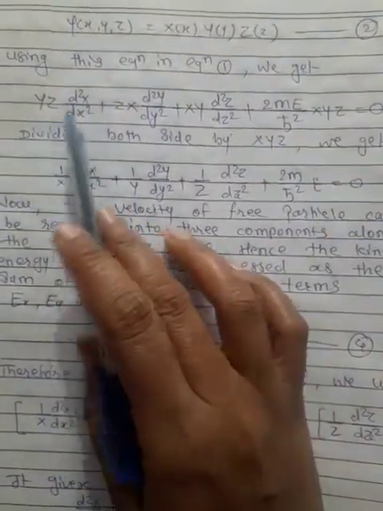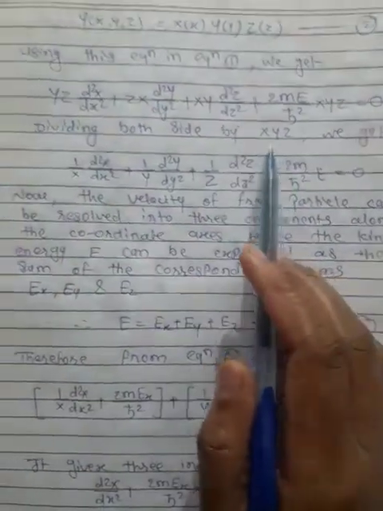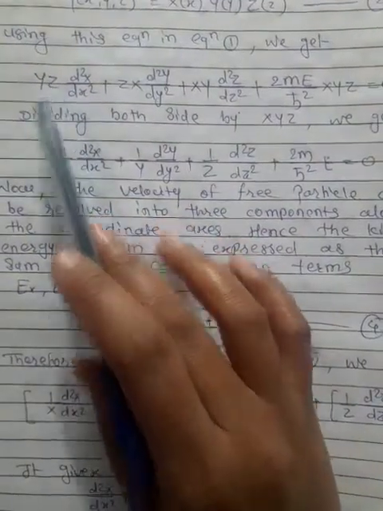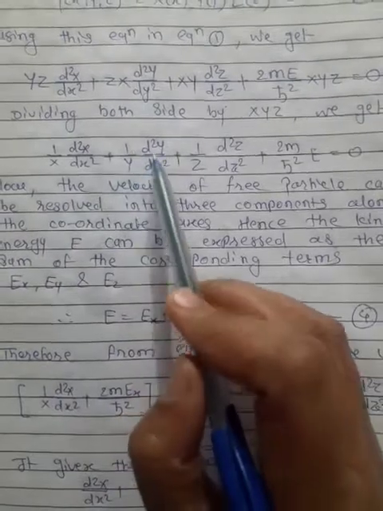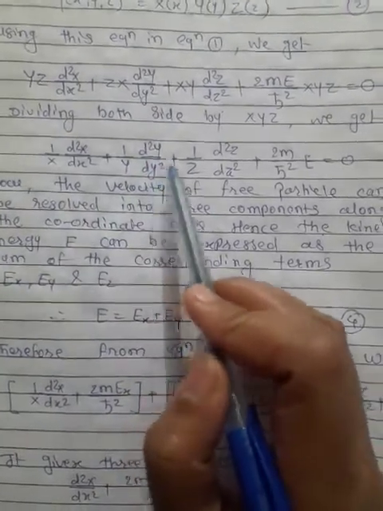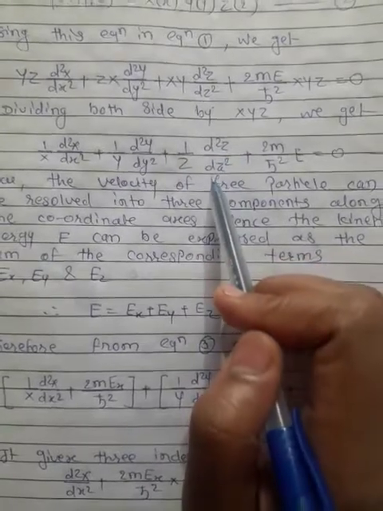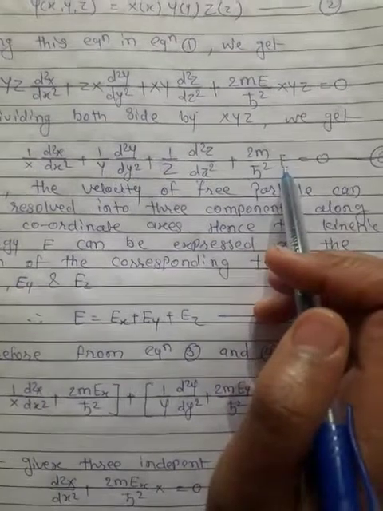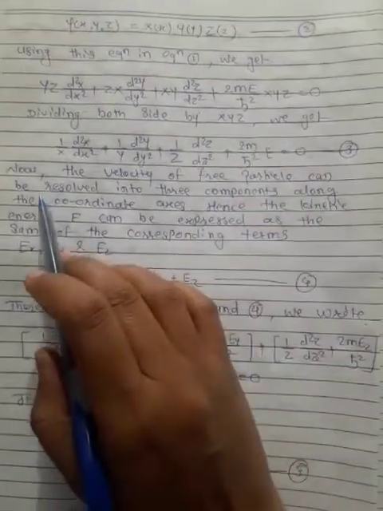Now we divide this equation by XYZ. After dividing we get 1 upon X d2X upon dx squared plus 1 upon Y d2Y upon dy squared plus 1 upon Z d2Z upon dz squared plus 2mE upon h cross squared equal to 0. This is equation number 3.